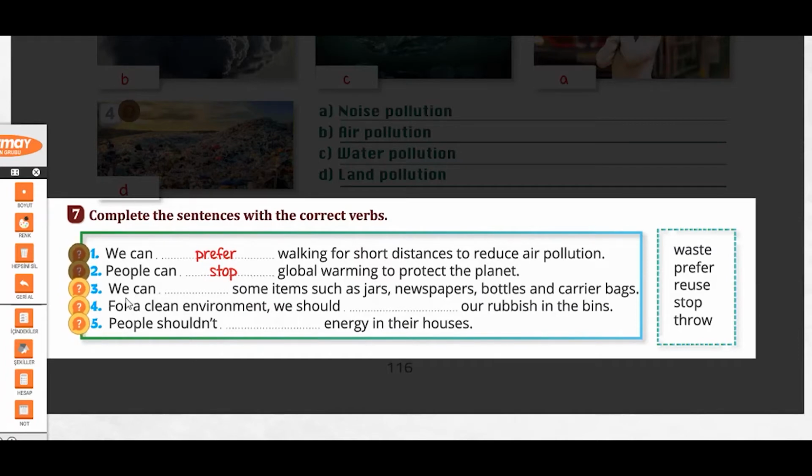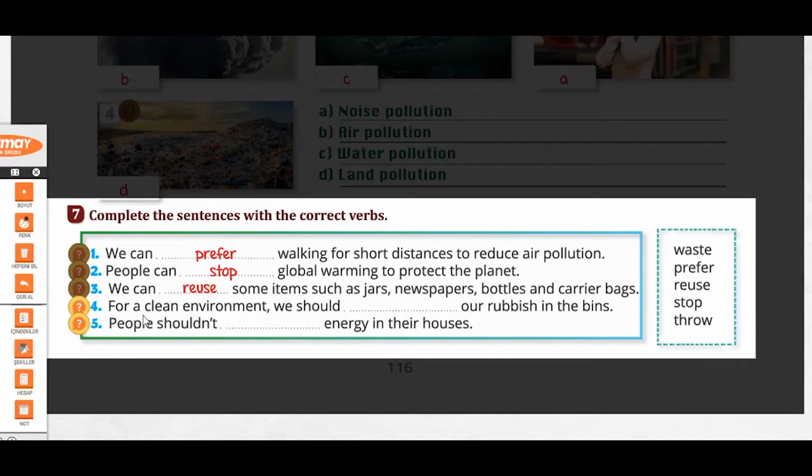We can some items such as jars, newspapers, bottles, and courier packages. Which one? We can reuse. We can reuse some items.